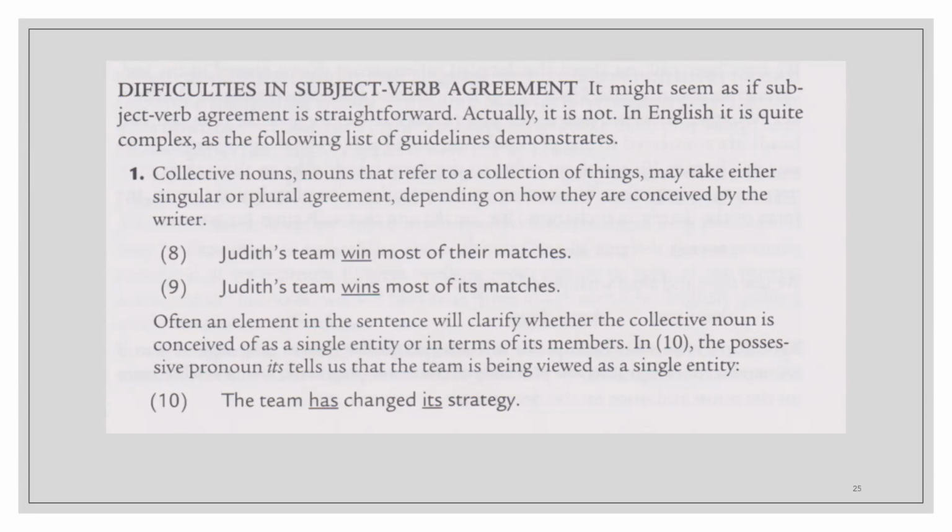So we're going to use the verb has, H-A-S, because that is the singular form of the verb. The team is being treated as a singular unit. Which way do you think of when you say the team or my team, her team? Do you consider team to be a single unit or a plural unit?